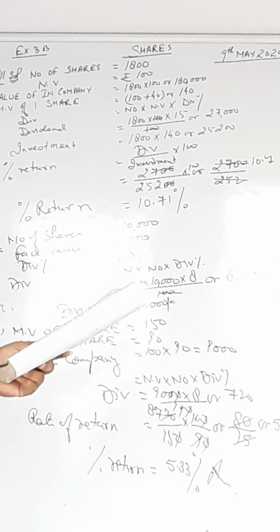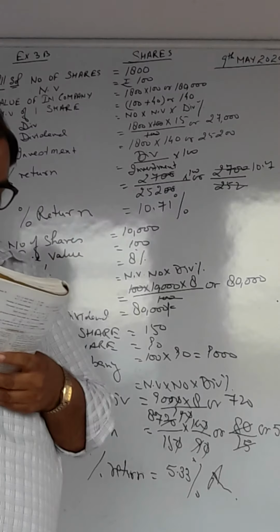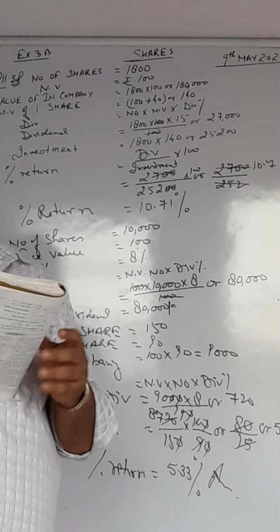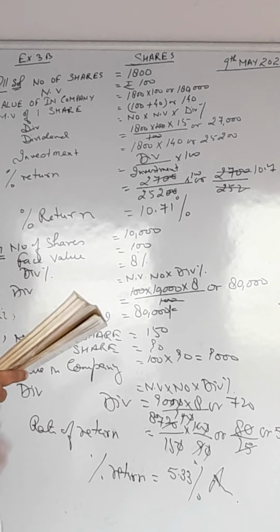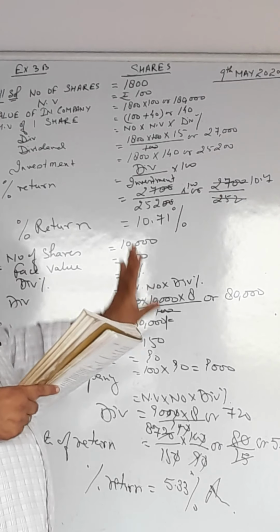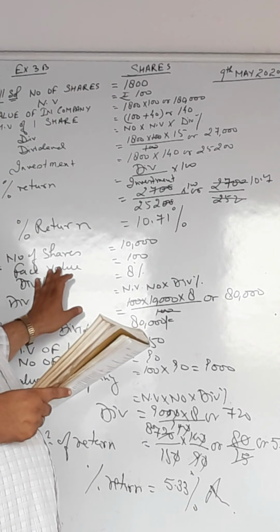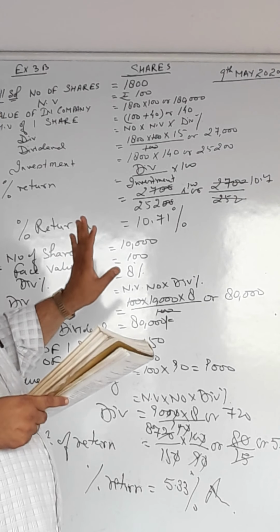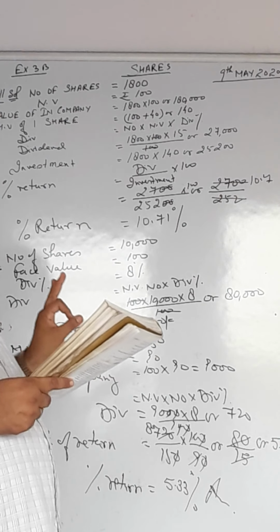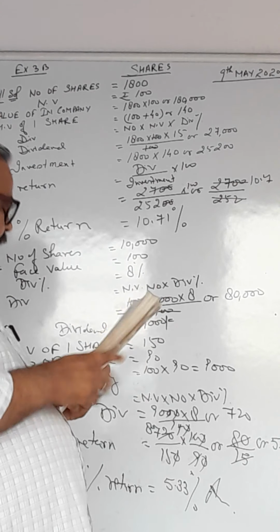Question number 14, you read. Company with 10,000 shares. Number of shares are 10,000. Nominal value 100 rupees. Face value and nominal value 100 rupees given. Declares an annual dividend of 8%. Dividend percent 8%. So everything we have.